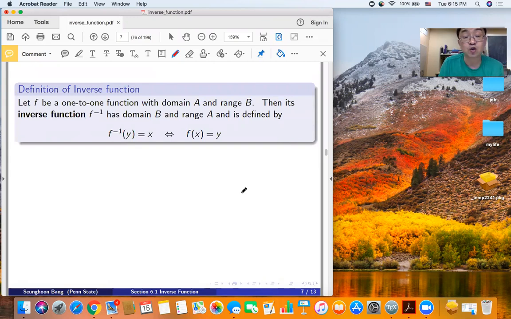What does it mean? You have to interchange domain and range.